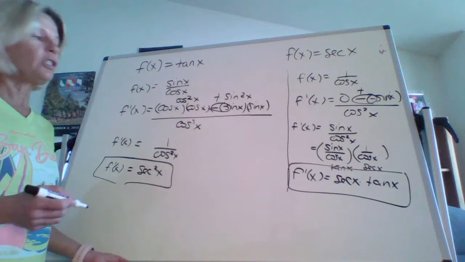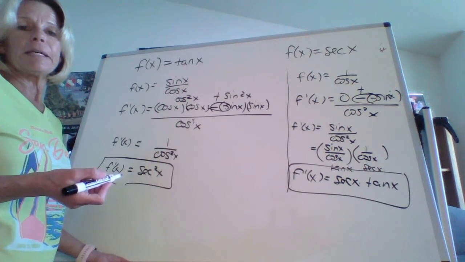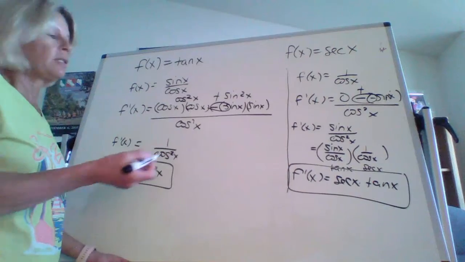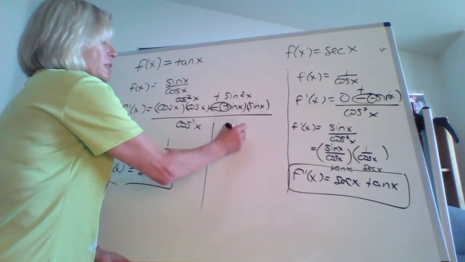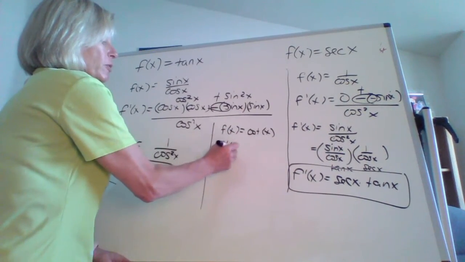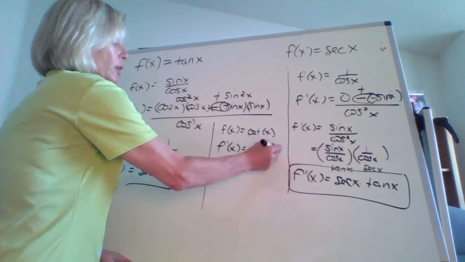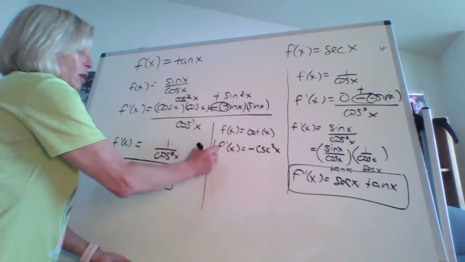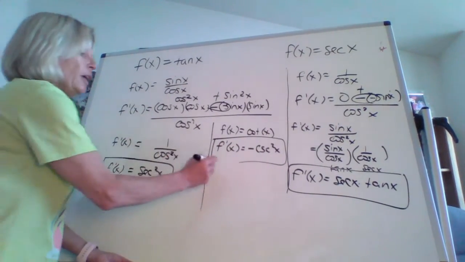For the cotangent and cosecant, I'm not going to go through the process again. You could go through the process, but it's the same idea. So if f of x is cotan x, f prime of x is negative cosecant squared x. See, there's a relationship and a pattern there.